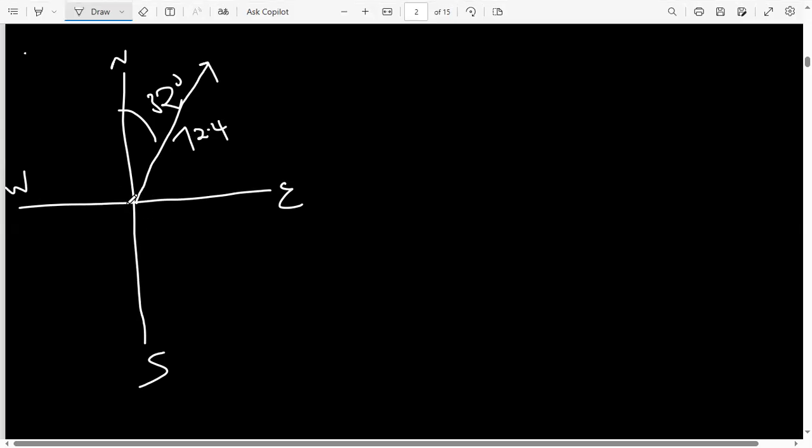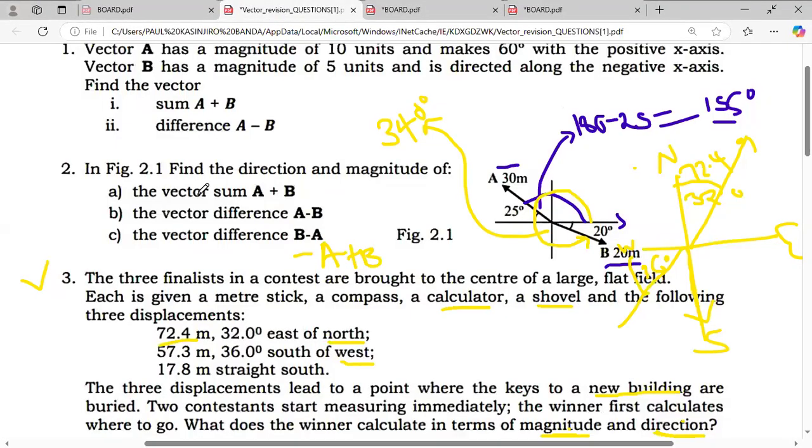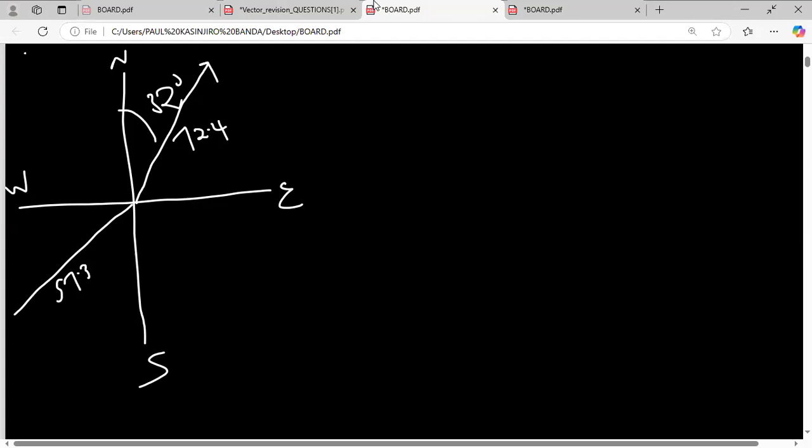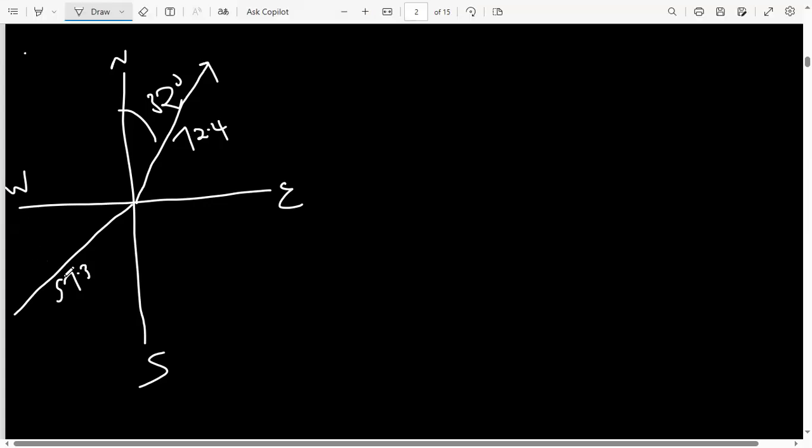Then the other one was here, down. We're saying 57.3 meters, if I remember correctly. Yes, 57.3 meters, 36 degrees south of west. South of west means west is our reference point, then we move 36 degrees to the south.